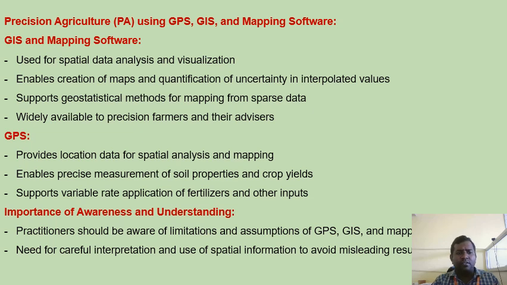And GPS. GPS provides location data for spatial analysis and mapping, which enables precise measurement of soil properties and crop yields, and supports variable rate application of fertilizers and other inputs.